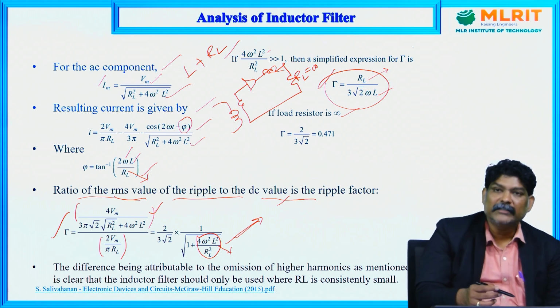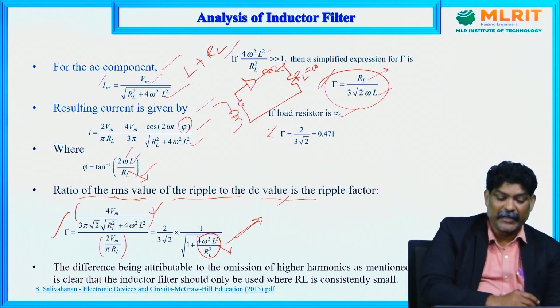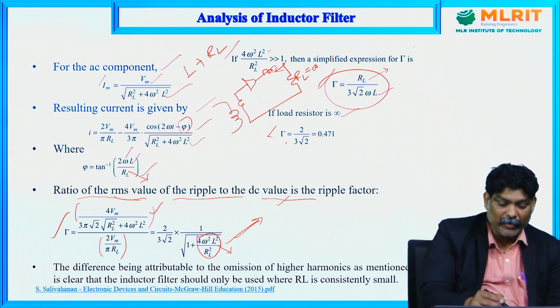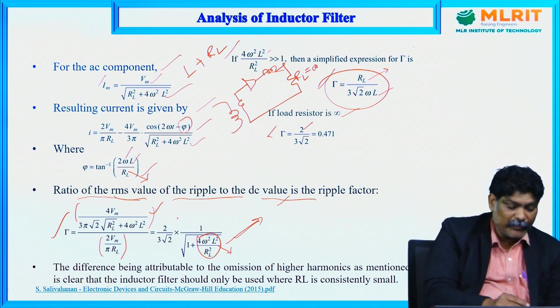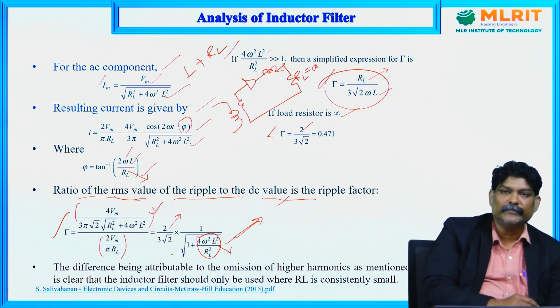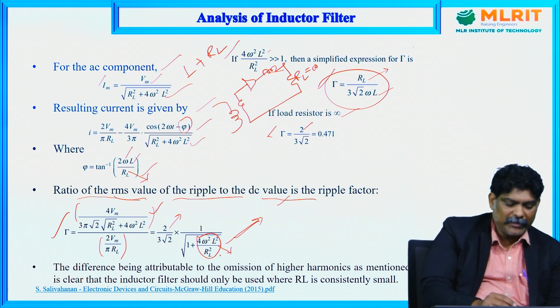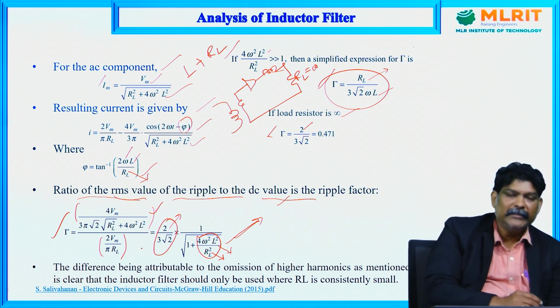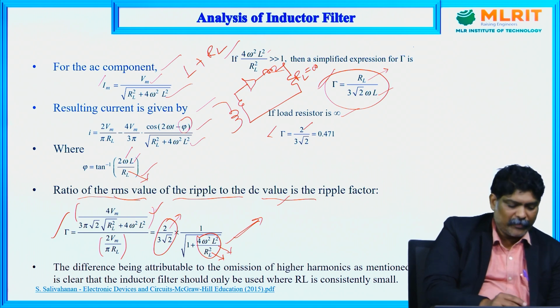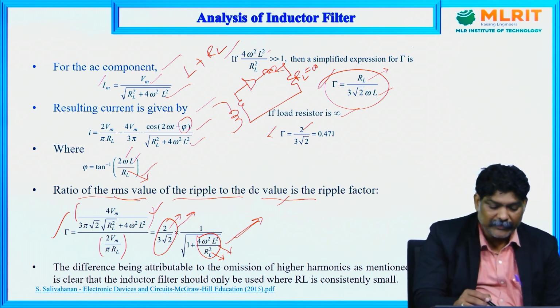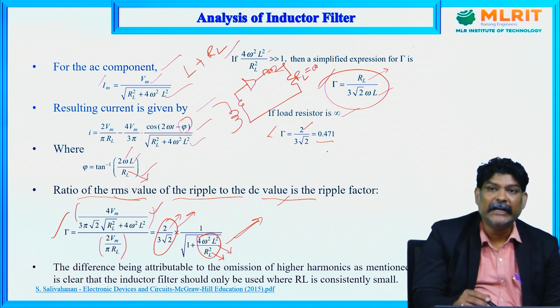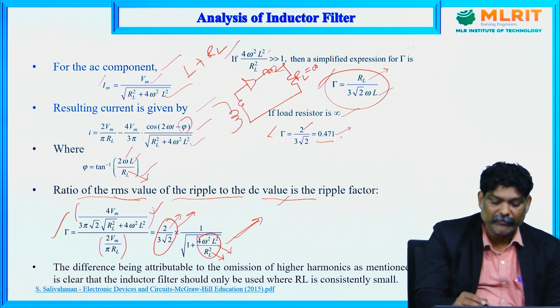In such case, the ripple factor rho equals 2 by 3 root 2, because we can neglect this term: RL is infinite, so it goes to zero, and 1 by root 1 is 1 only. So finally you get the ripple factor of the inductor filter as 0.471.